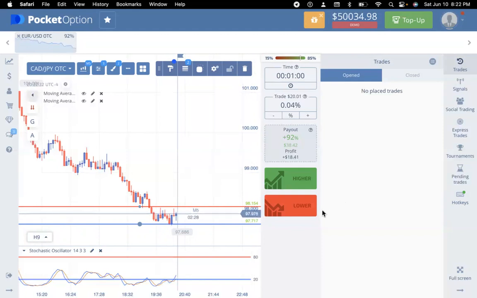So again, we wait. And again, you can adjust your lines. It's always nice to go with your first entry. We can take this as low as 135. The higher the entry, the better for a sell.